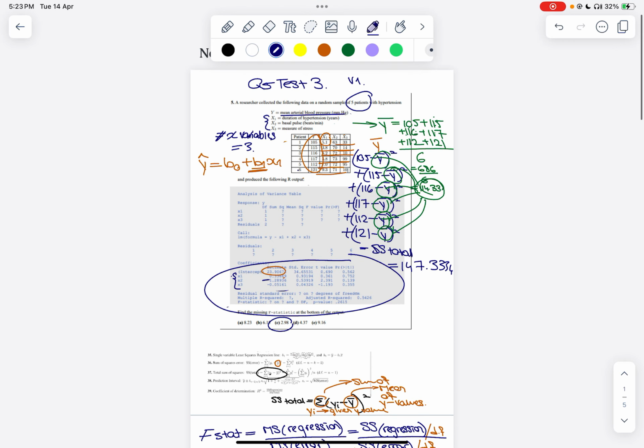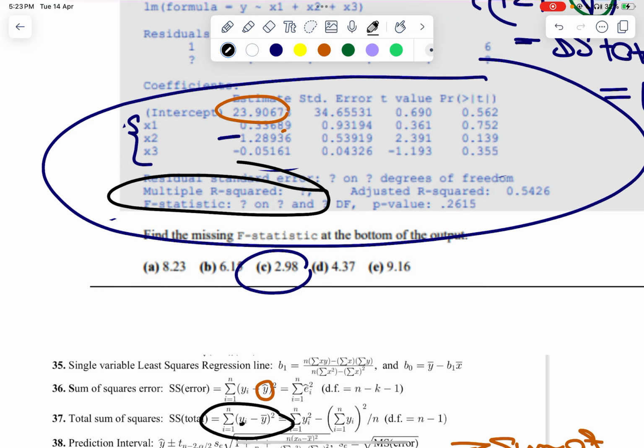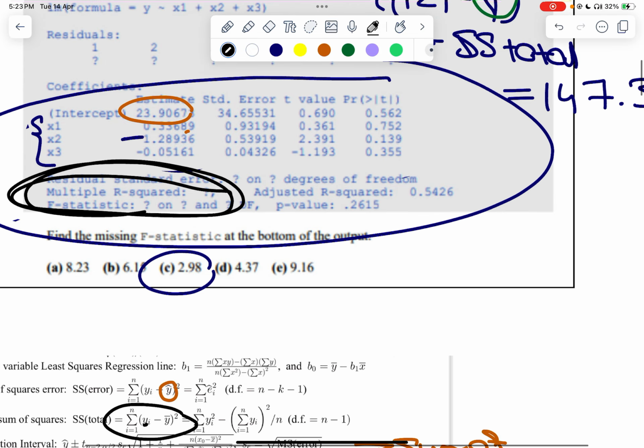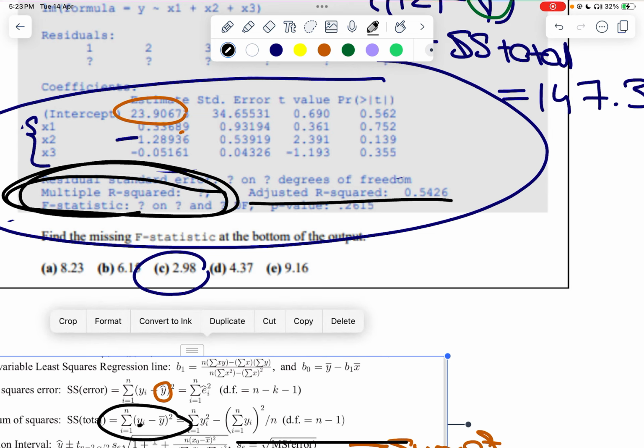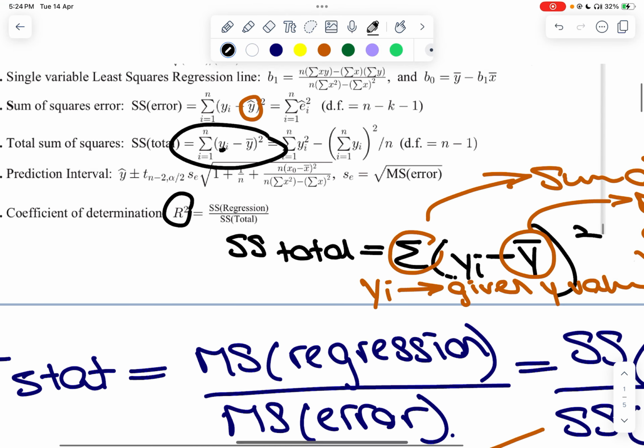There was one thing, right, where there's one really short way to answer this. We weren't able to do it because they didn't give us the value. But if they gave us multiple r squared, instead of adjusted r squared, then we could have used this formula.